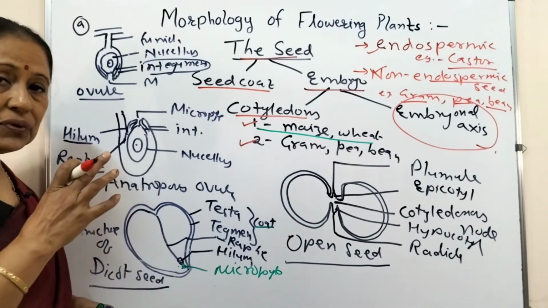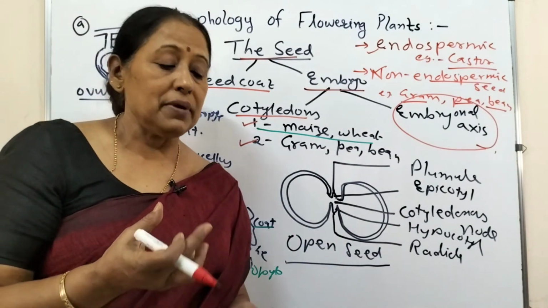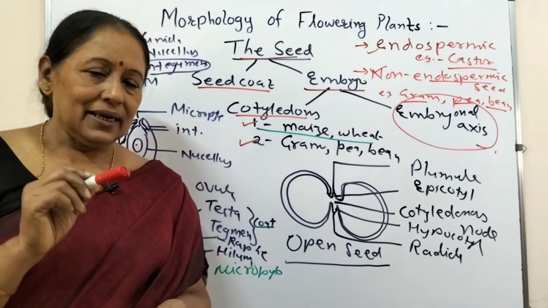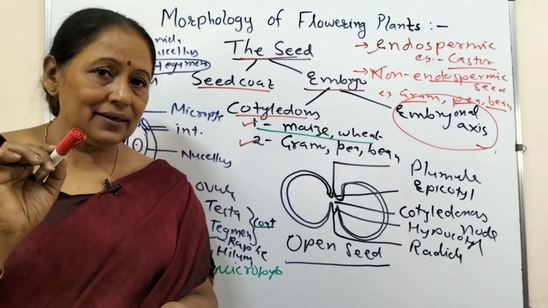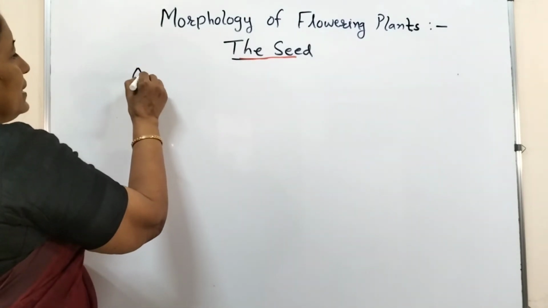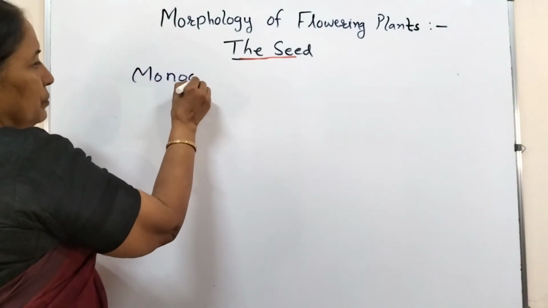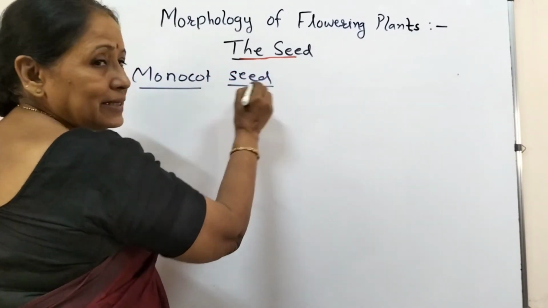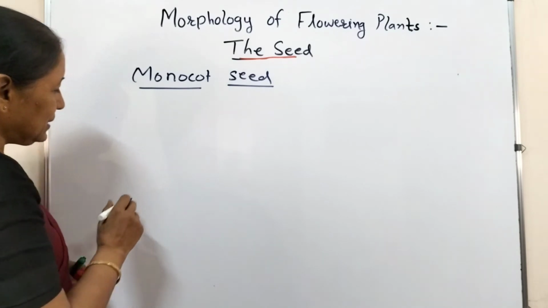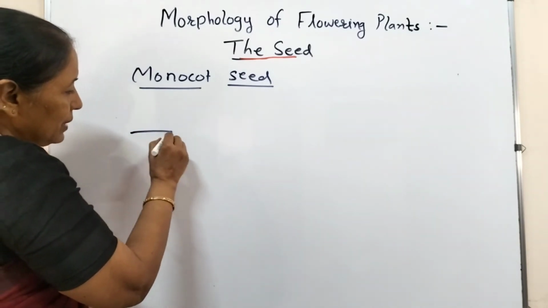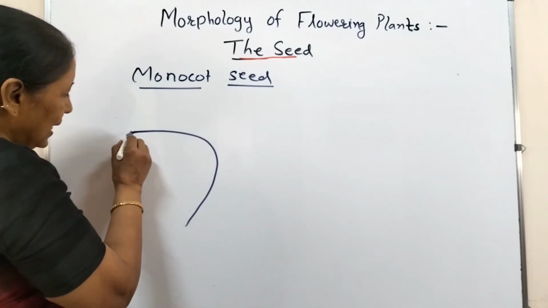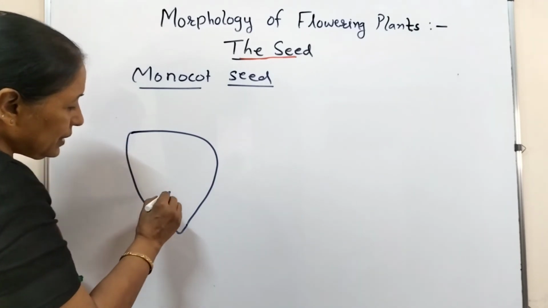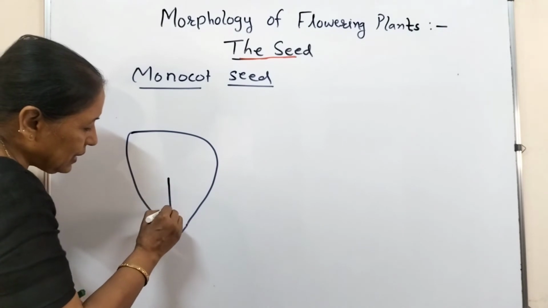And now we will move to monocot seed. In monocot seed we will see, children, that only one cotyledon is there. Mono, one, cot, cotyledon. Now we will see the structure of monocot seed by taking the example of the maize seed. If you see the maize seed from outside, here is the position of the embryo.